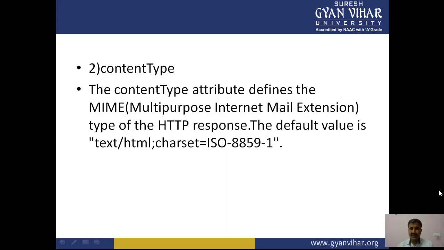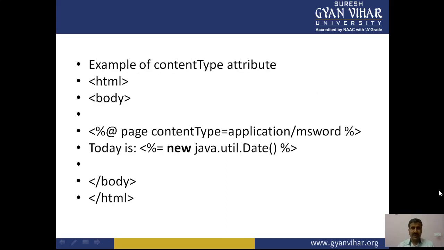The default value is text/html; charset=ISO-8859-1, right? So this is a multi-purpose internet mail extension. For example, if you are using new java.util.Date, you can use content type is equal to application/msword, like that, right?